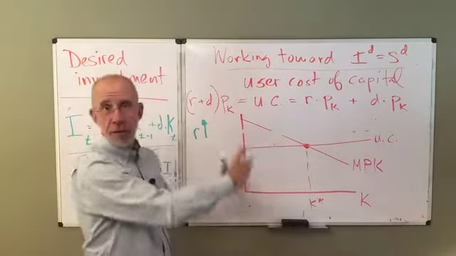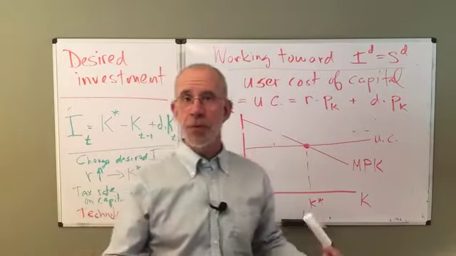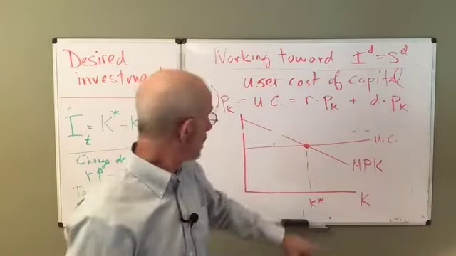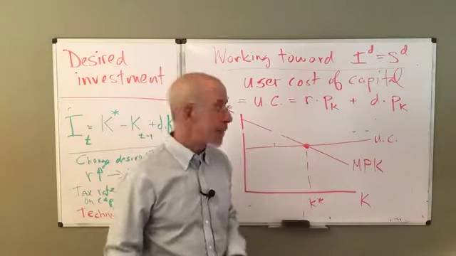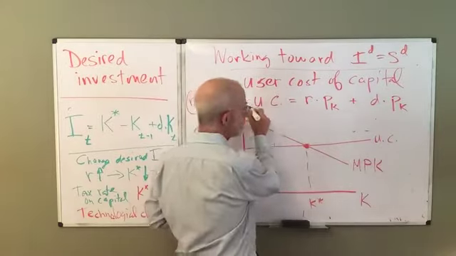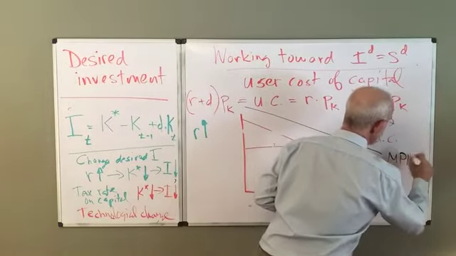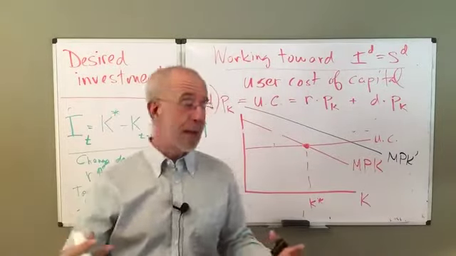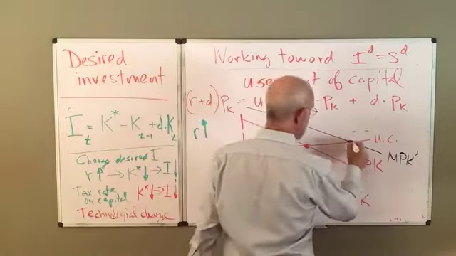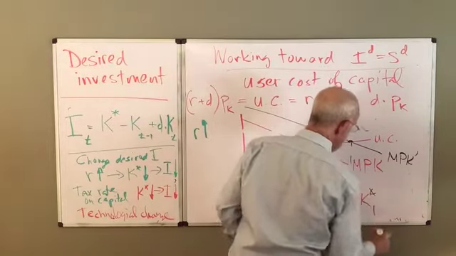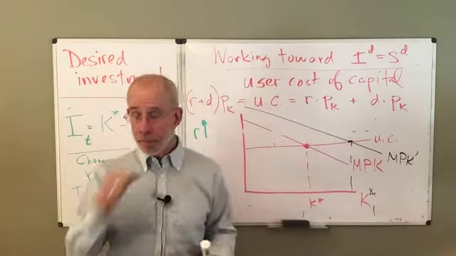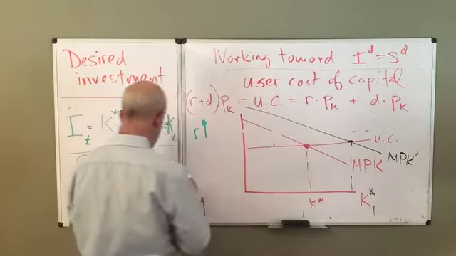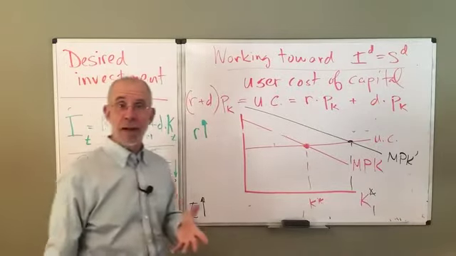So how does a technological improvement change this graph? The decisions about picking the desired capital stock. Well, I think it's pretty clear that a technological advance will tend to increase the marginal productivity of capital and increase the desired capital stock, which means that investment would tend to rise.